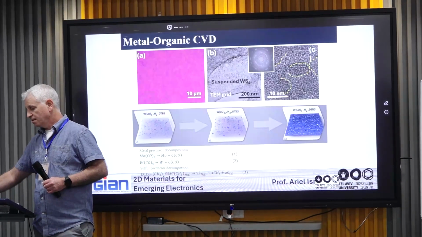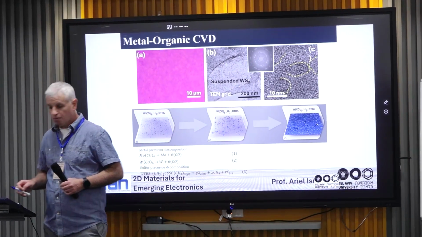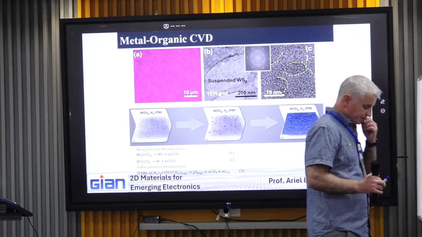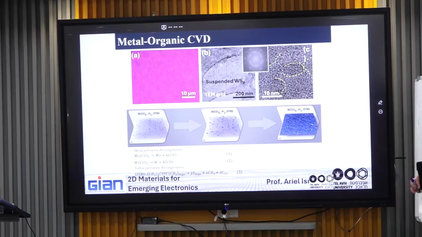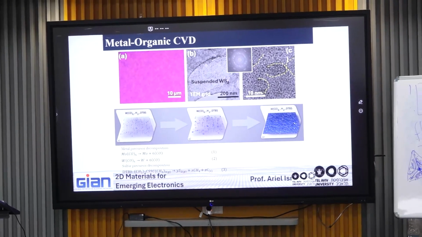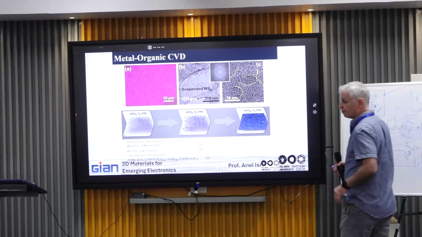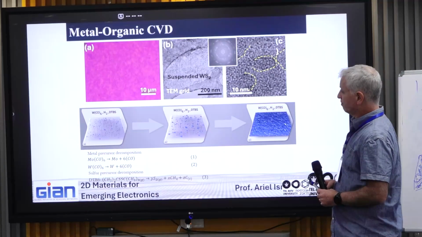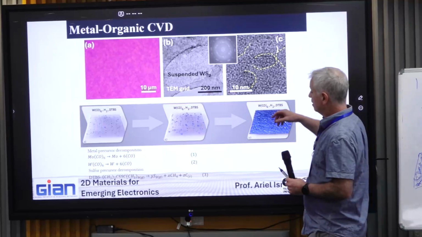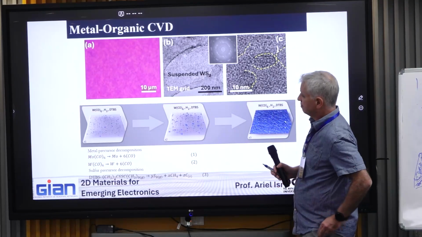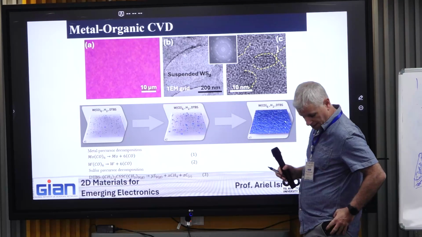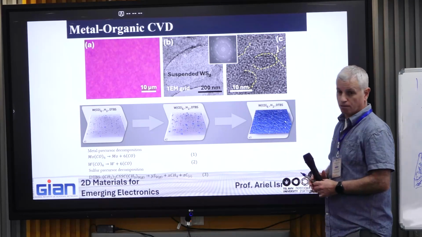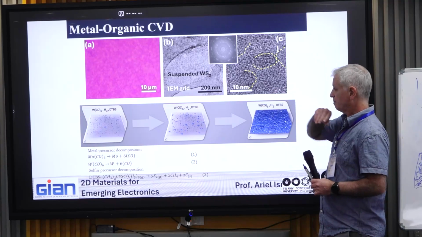Now, the metal organic. I didn't talk too much about metal organic, but as I told you, metal organic deposition of the TMDs, if you don't use any trick, will in most cases end up as a nanocrystalline film.